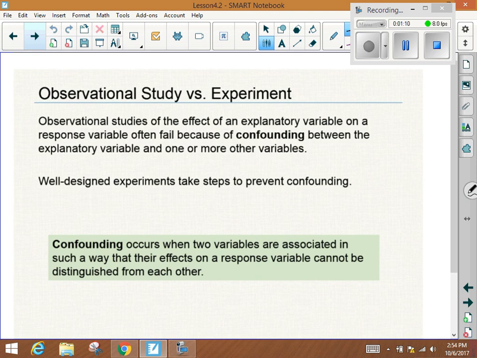So it could be a case that in your sample, say you're doing an experiment, and in your sample you have more females than males, and you're doing something that involves maybe talking about your feelings or something like that, right? Well, the females are going to be more likely to respond differently about talking about feelings than men, just because, in general, men don't do that as much as women do.